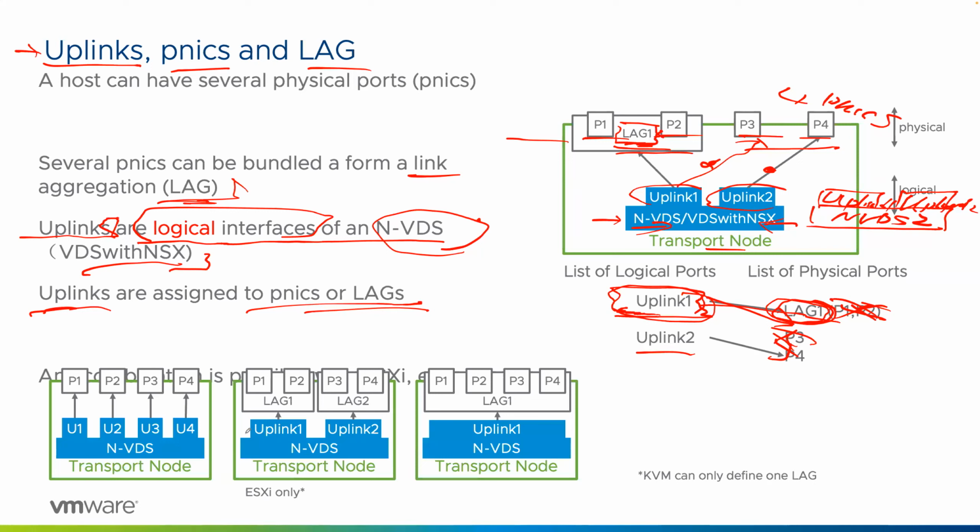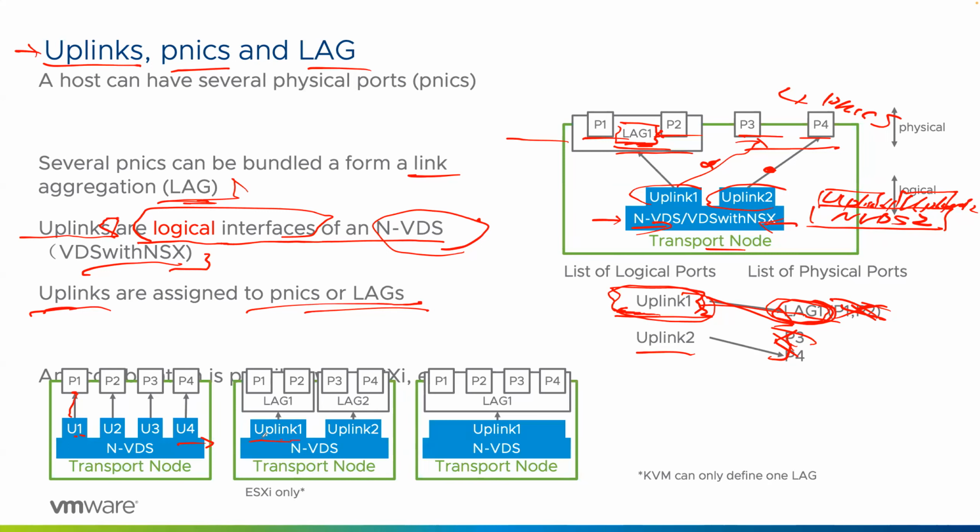So, for example, here are also three examples. U1 means there's an uplink. U1 goes to P1, U2 goes to P2, U3 goes to P3, and so on. The second example is uplink 1. Remember, this is the name for the uplink. You can give your own name for the uplink.